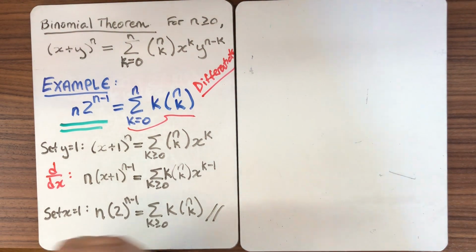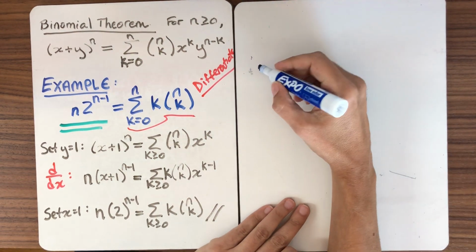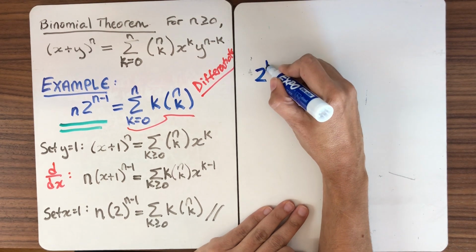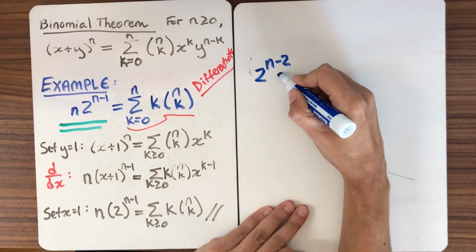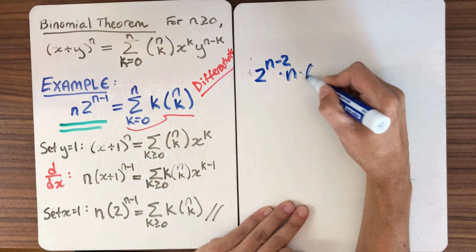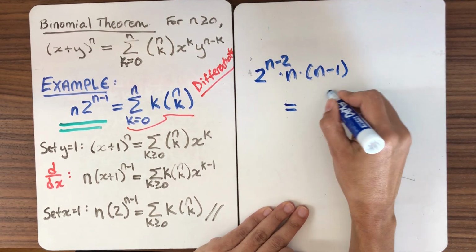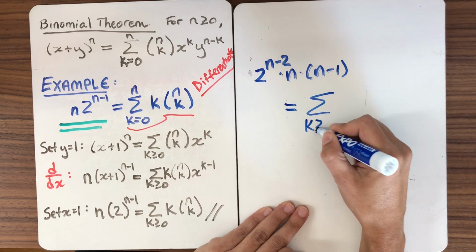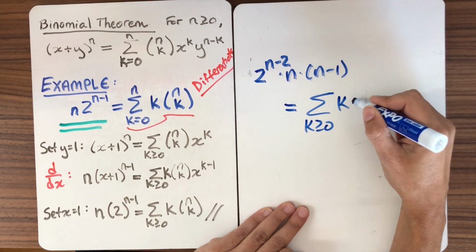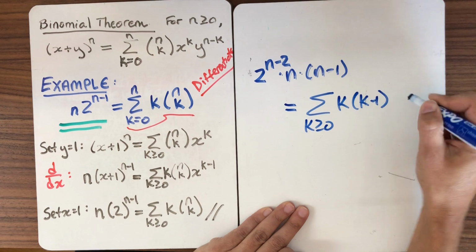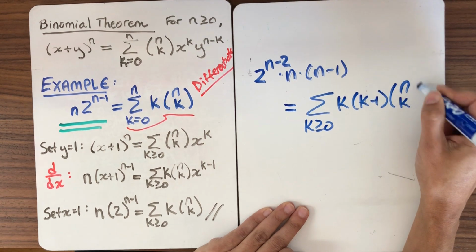And here is the problem that I think is rather fascinating. Prove that 2 to the n minus 2 times n times n minus 1 is equal to the sum from k greater than or equal to 0 of k times k minus 1 times n choose k.